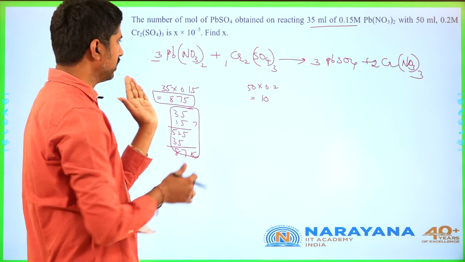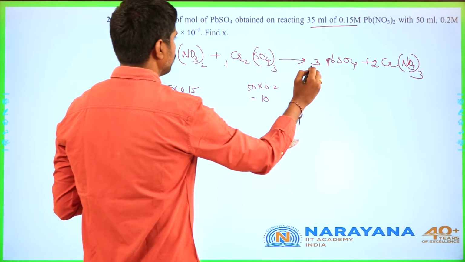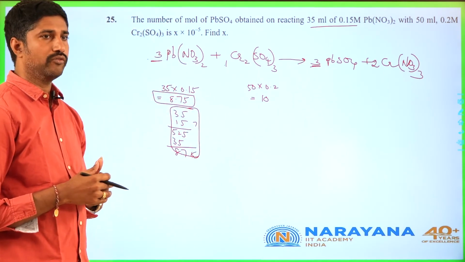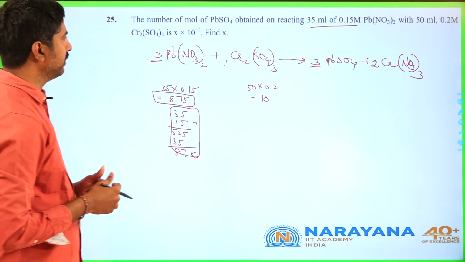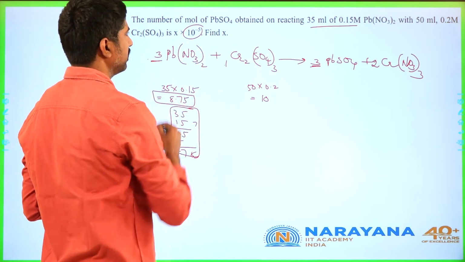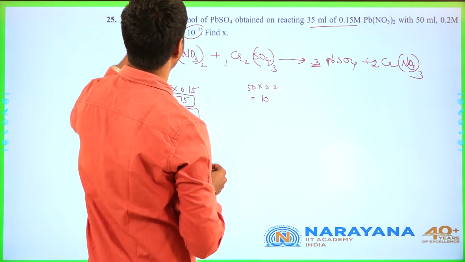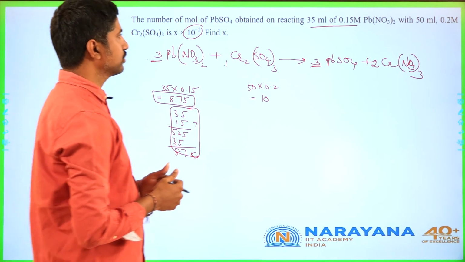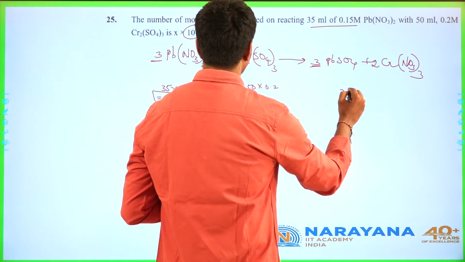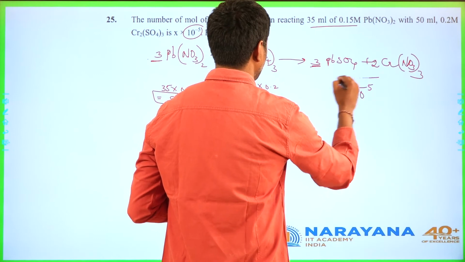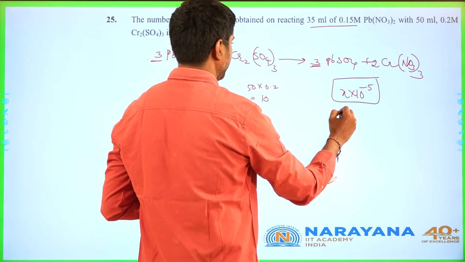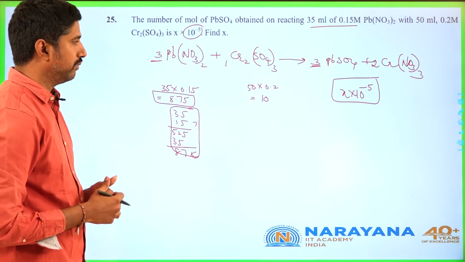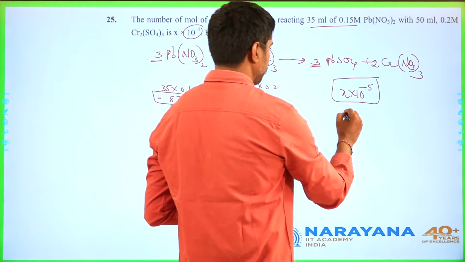And as we know, for the limiting reagent, 3 moles can give 3 moles of PbSO4. Identify what is the value here. They are asking for the number of moles directly. So if you solve that, you will get some x into 10 power minus 5, and the value will be around 525 into 10 power minus 5.